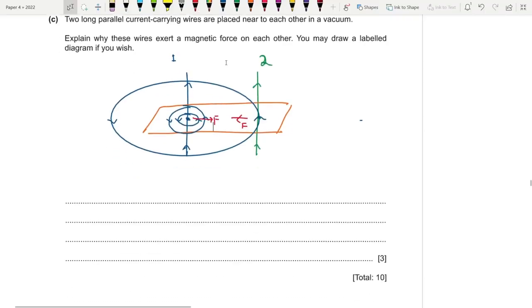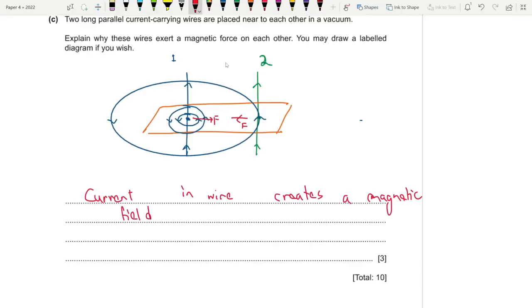So let's describe this. We need to say that the current in wire creates a magnetic field around the wire.